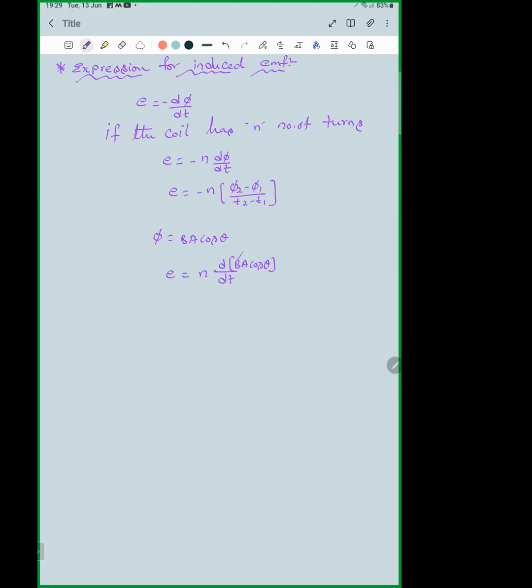Suppose if B is changed, in this case, first point, if magnetic field is changed, then in this case average induced EMF.